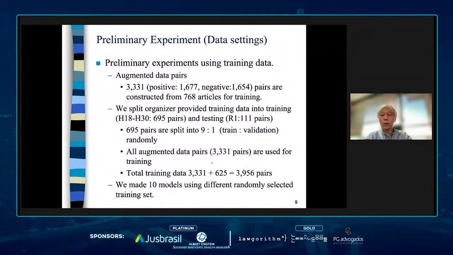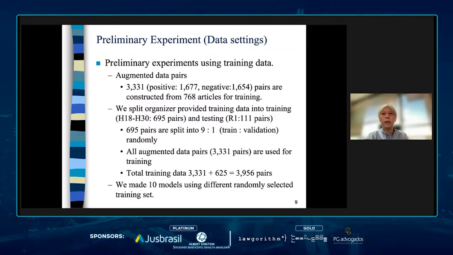By using this data augmentation method on 768 articles, we constructed 331 pairs as augmented data. We also split the organizer-provided training data into training for the preliminary experiment, 695 pairs, and testing, 111 pairs.